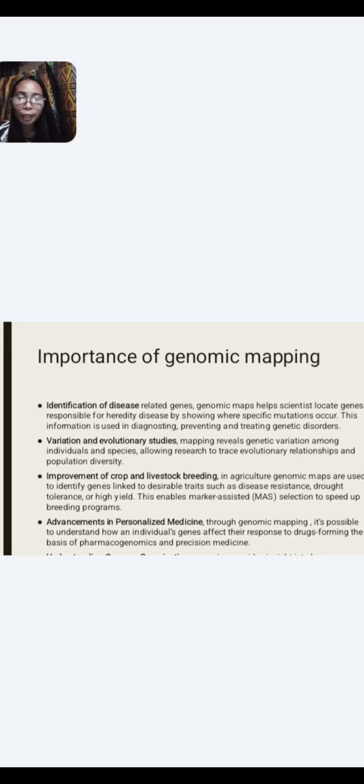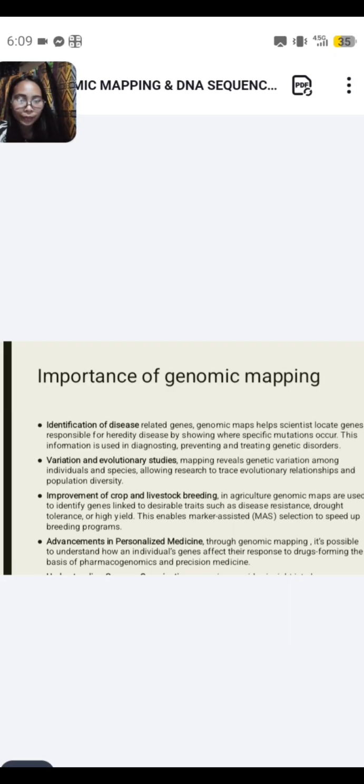There are five: identification of disease, variations and evolutionary studies, improvement of crop and livestock breeding, and advancement in personalized medicine. So first is the identification of disease.